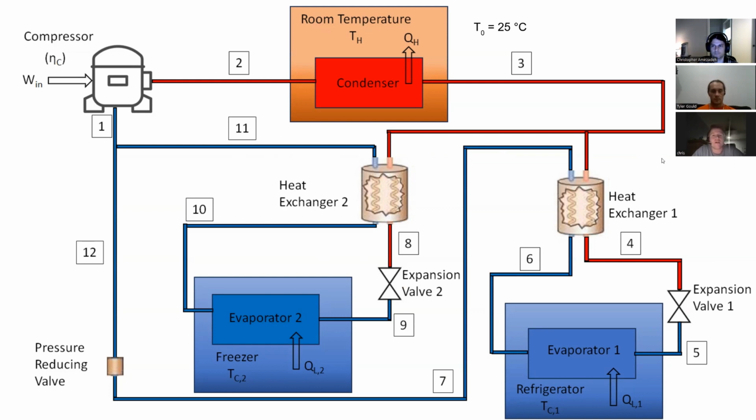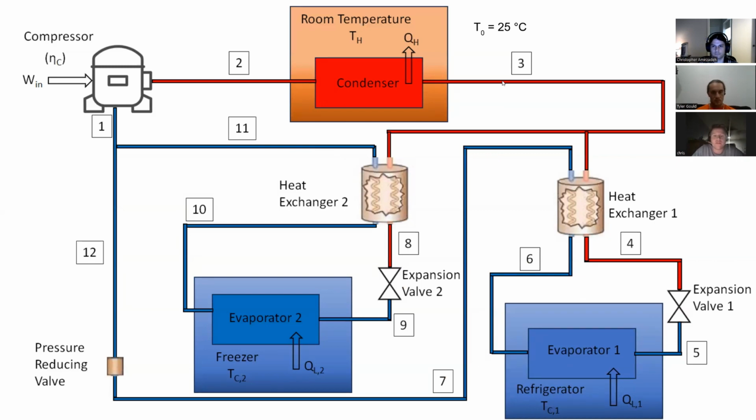So for this schematic, we did decide that the operating pressure for that condenser is going to operate at 1 megapascal, and obviously that refrigerant leaving the condenser would be a saturated liquid.